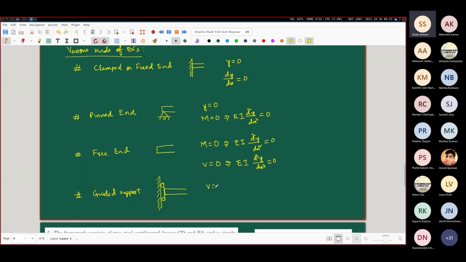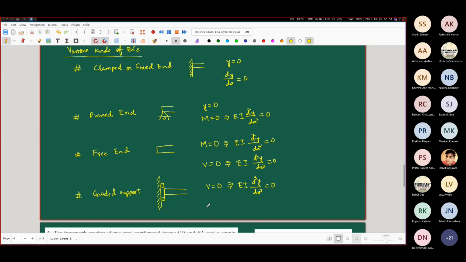So actually it is shear force equal to 0, because of these rollers, there is no resistance against this vertical movement. So the force along that vertical direction is equal to 0. So V is equal to 0, which translates into EI d³y/dx³ is equal to 0.